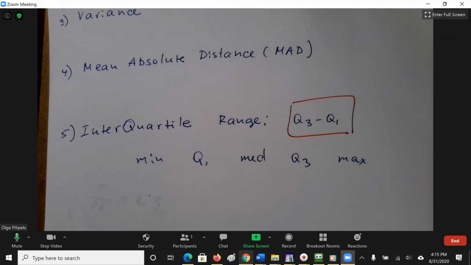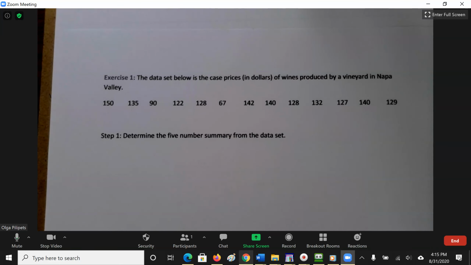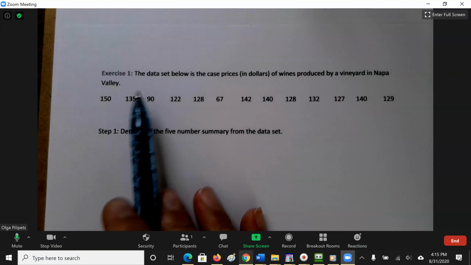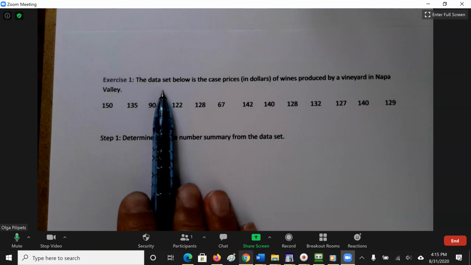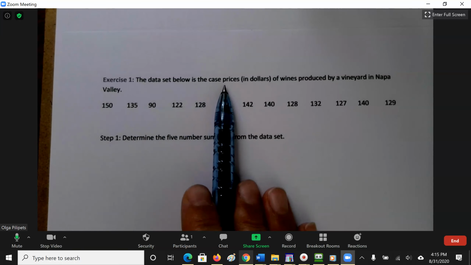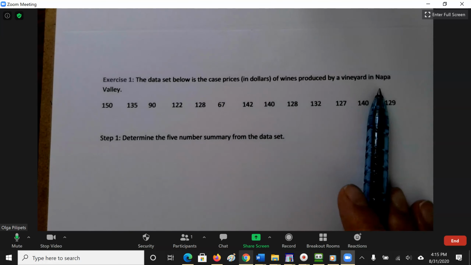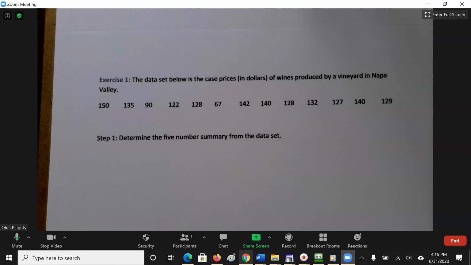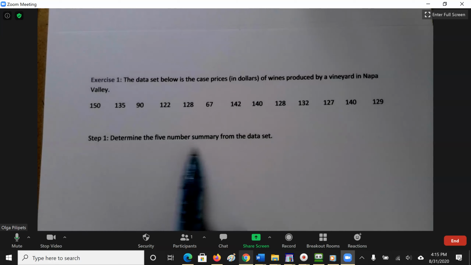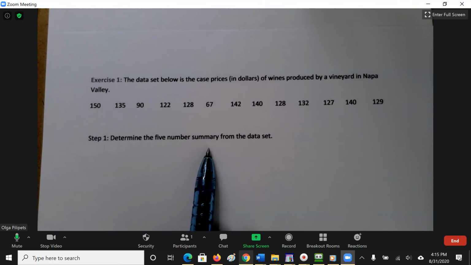And let's take a look at one of the examples that's in your notes. Here we have the data set that's case prices in dollars of wines produced by a vineyard in Napa Valley. We're going to find the 5-number summary. Actually, for the IQR, you don't need a 5-number summary. You just need quartile 1 and quartile 3.